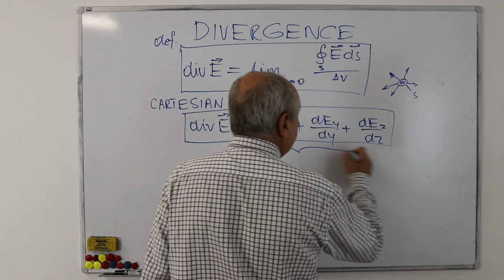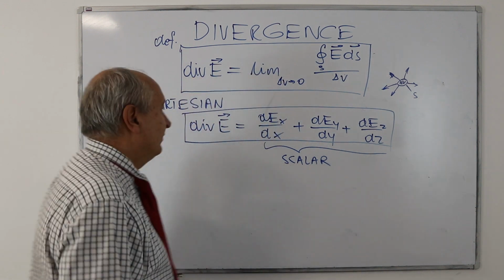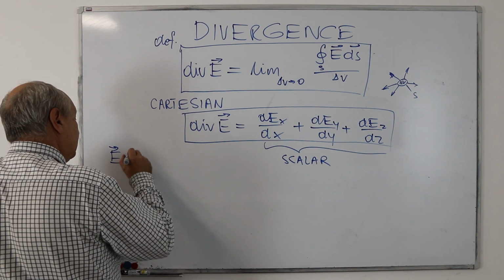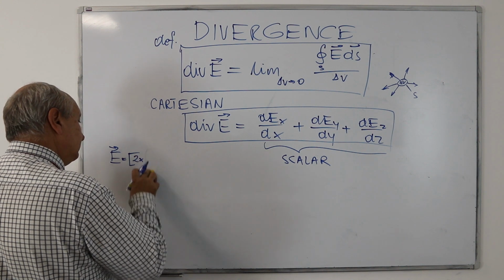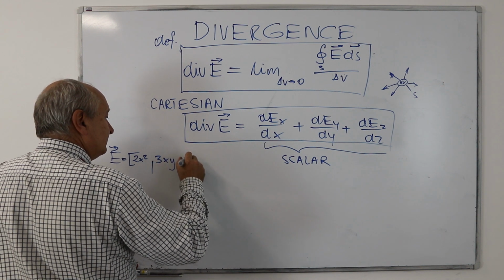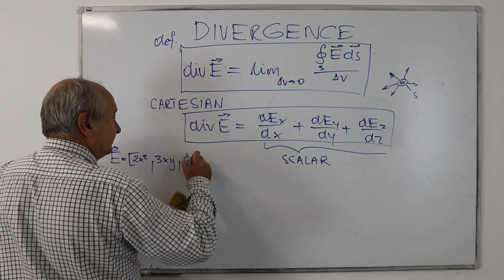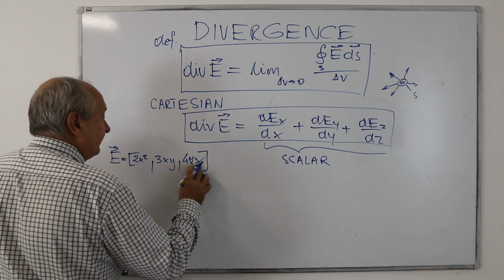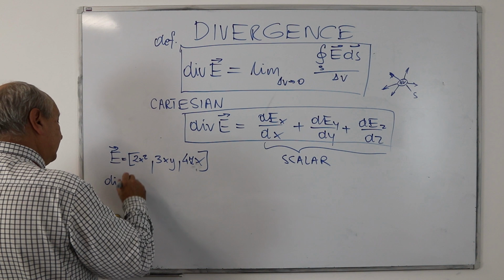We see that the result of divergence is a scalar. For example, let's say a vector function has such two components, such a vectorial function, and we want to calculate the divergence.